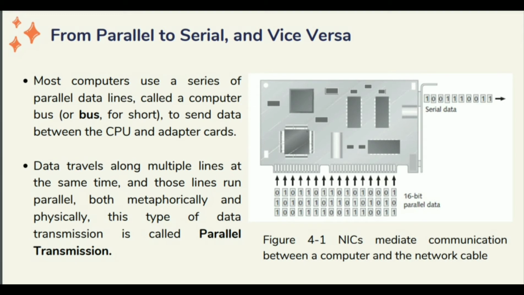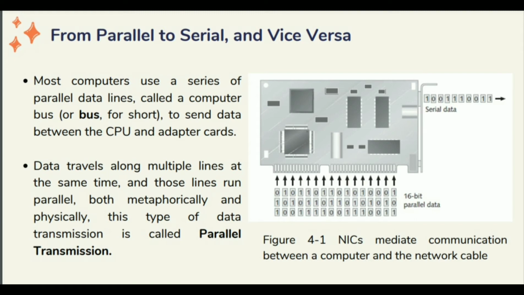Because of the nature of the connection between most NICs and the computers to which they are attached, network adapters also manage transformations in the form taken by network data. Most computers use a series of parallel data lines. As you can see in figure 4.1, that is called a computer bus, or a bus for short, used to send data between the CPU and the adapter cards.